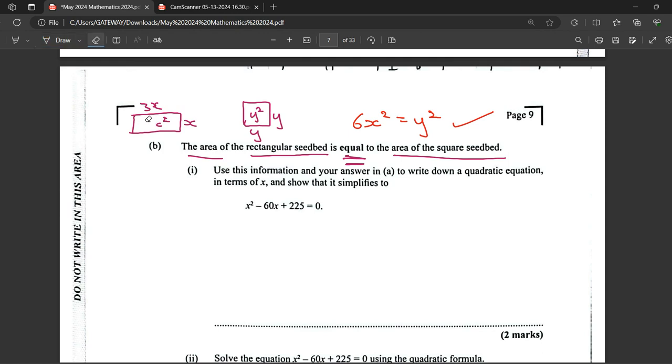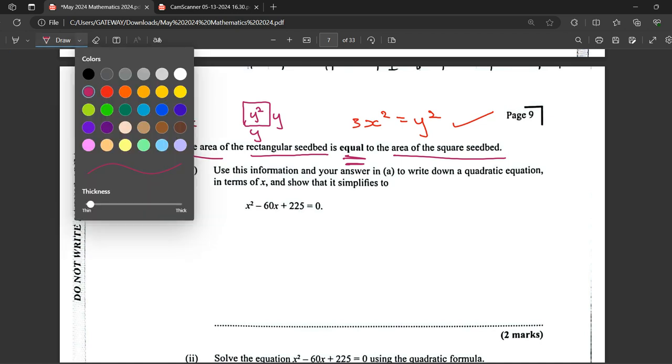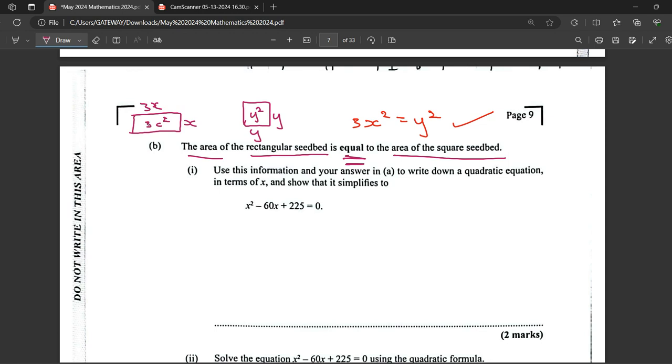That is 3x squared, there's a little error there. 3x by x is 3x squared, right? So yeah, that is it.